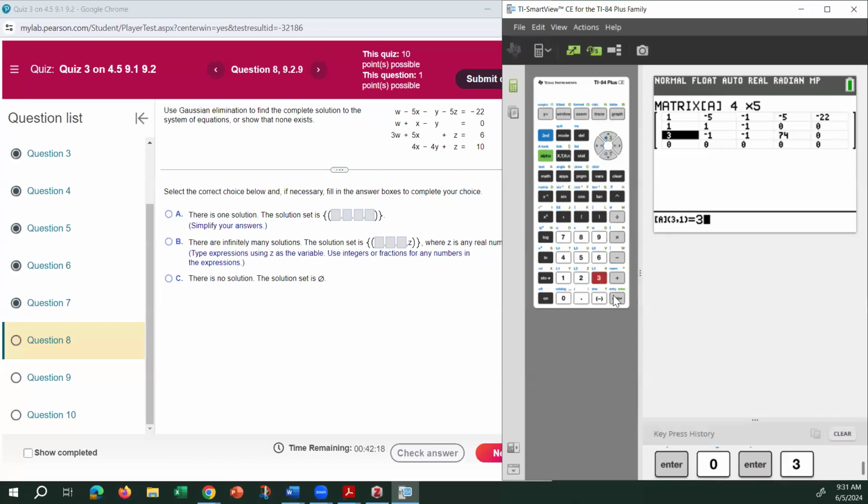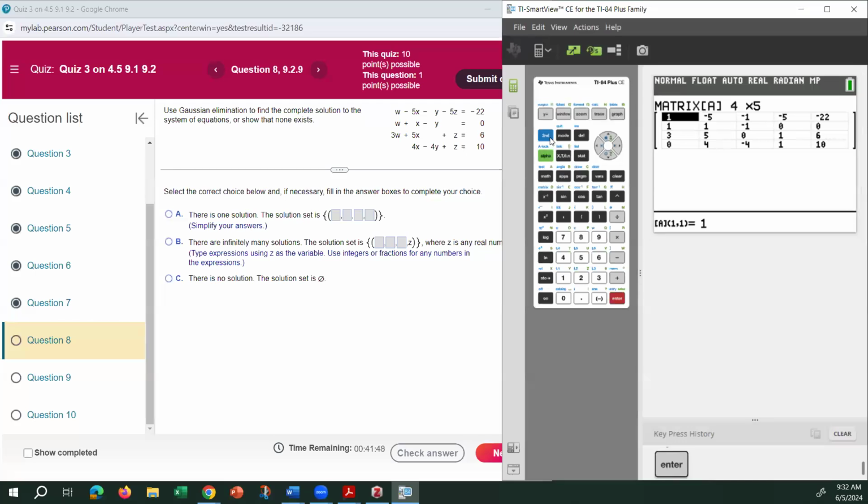So we have W is 3, 5, 0 for Y, 1, 6. Now last equation, 0, 4, -4, 1, and 10. Again, glance at your matrix, make sure everything looks good. 3, 5, 0, 1, 6, 0, 4, -4, 1, 10.